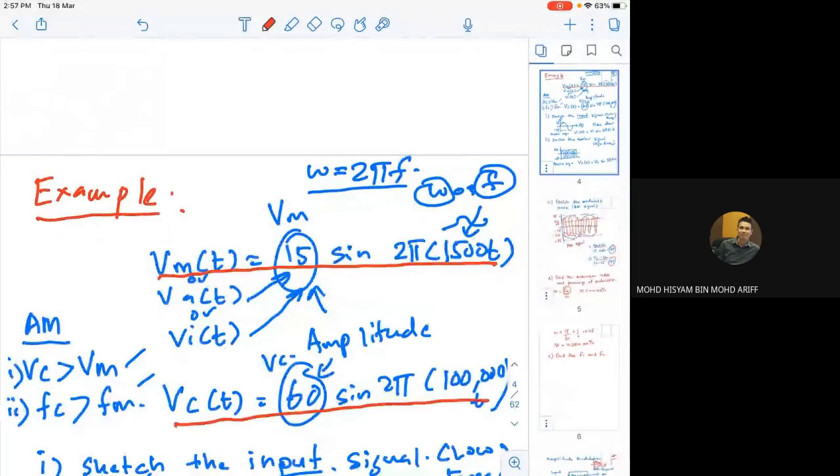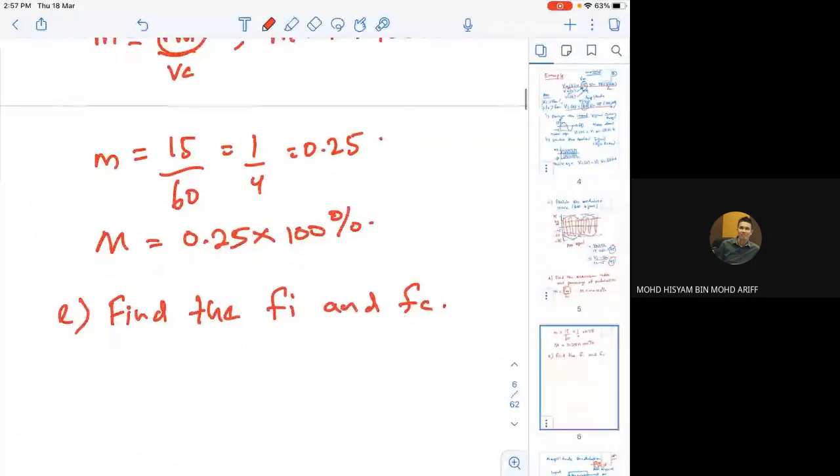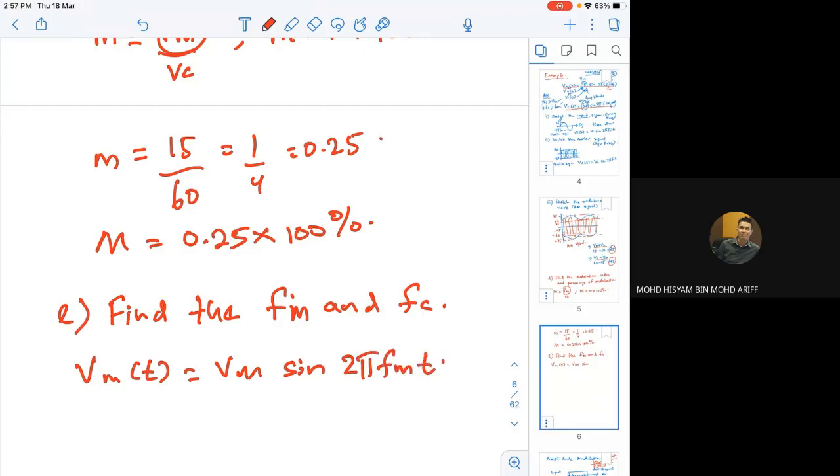Find the frequency of Vm, Fm. Take out the equation and write it down. VmT equals Vm sine 2 pi Fm T.